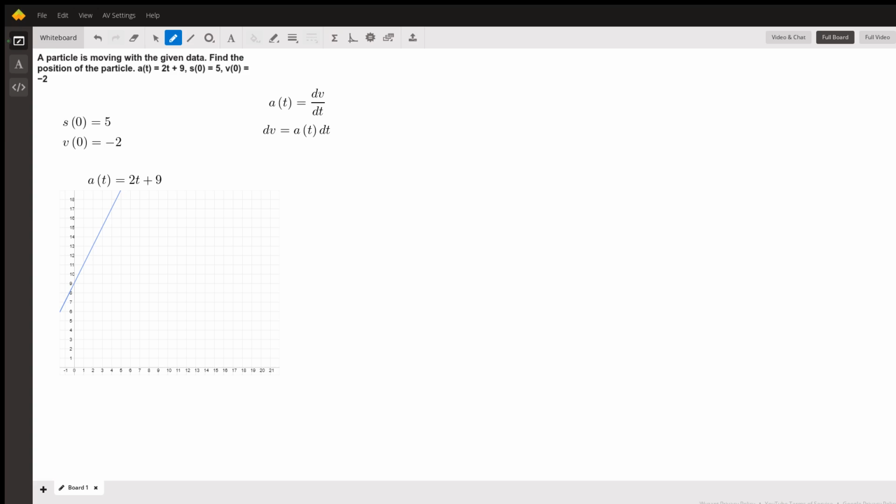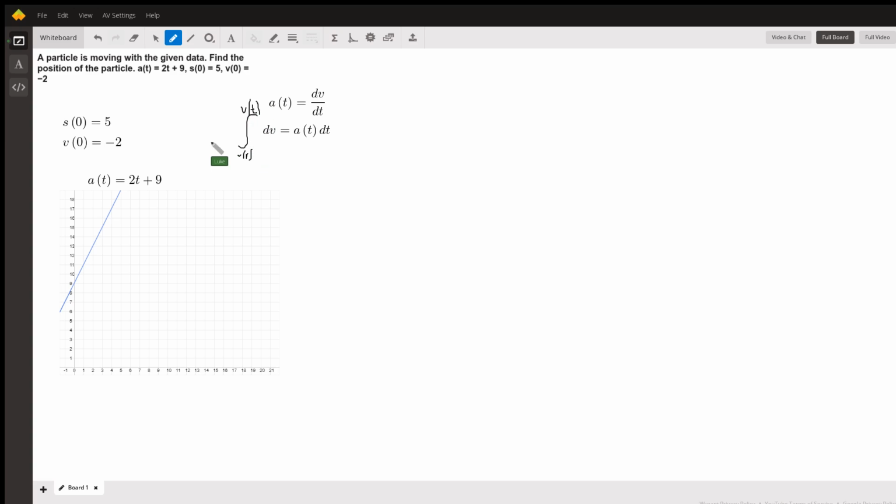Now, this is where the fun, quote unquote, will begin, because one side is going to be integrated from v naught, I can't draw that very well, to the velocity at any time t.